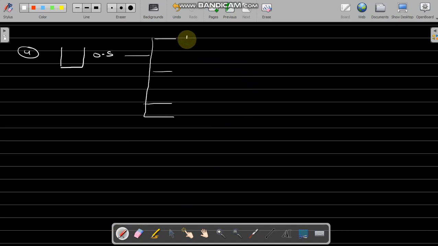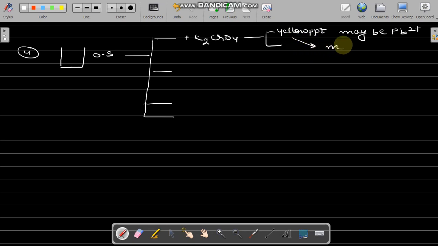In first, put K2CrO4. Now if yellow PPT comes, then it may be Pb2+, or it may be barium.